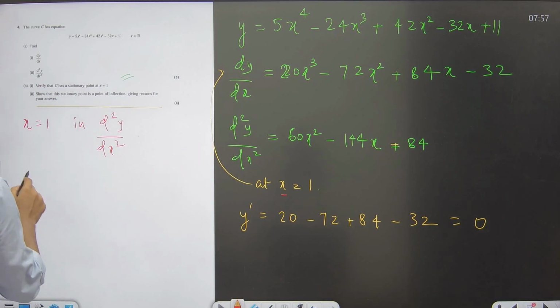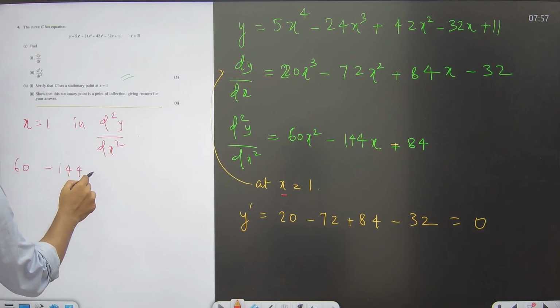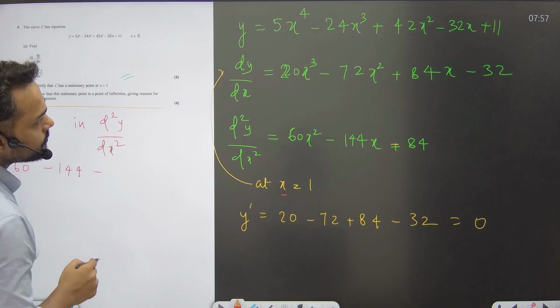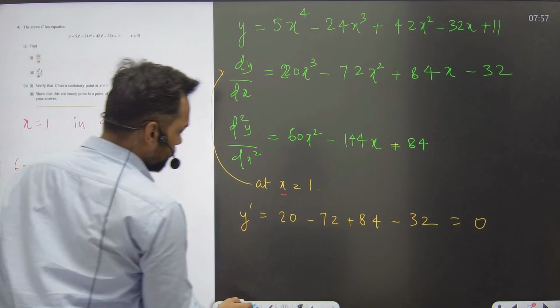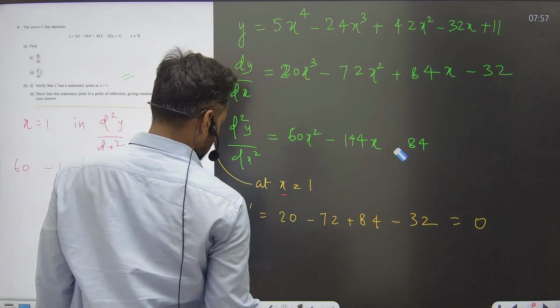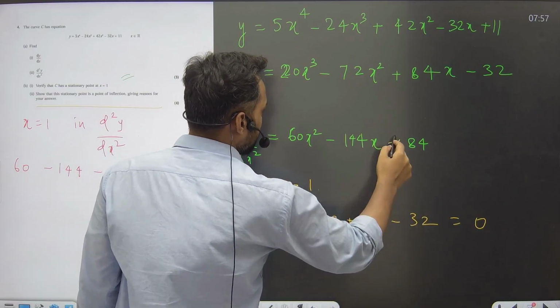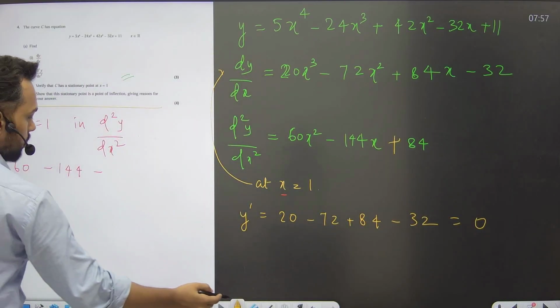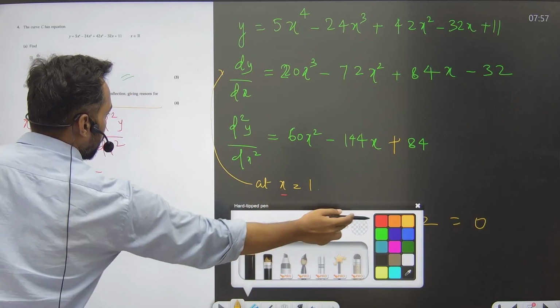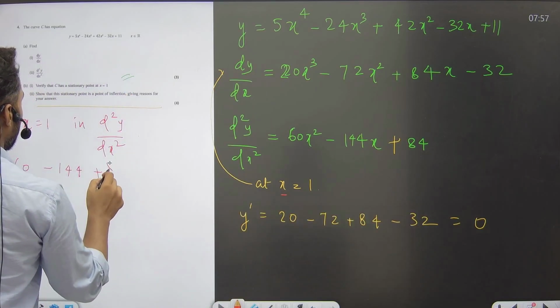We are getting negative of 144 plus 84, so plus 84 will be plus 84.